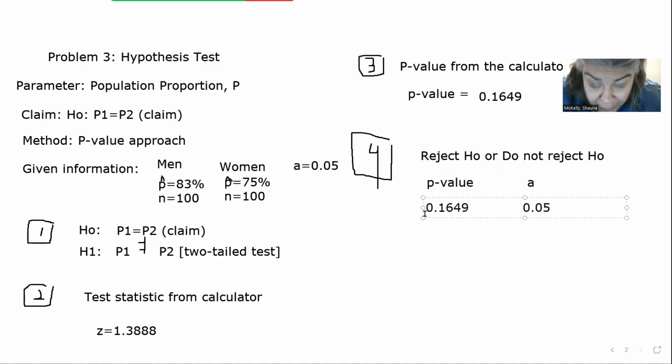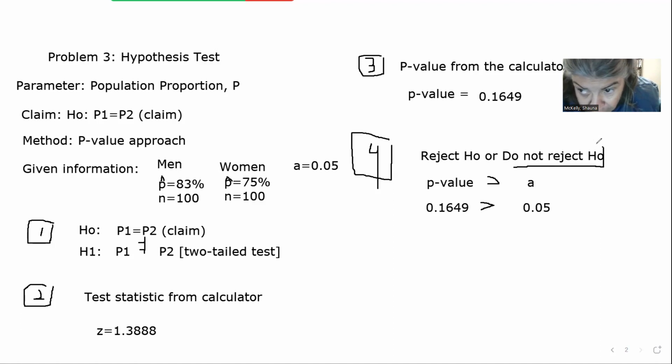Well, your p-value here is larger than alpha. Now, when P is larger than alpha, we do not reject the null hypothesis.